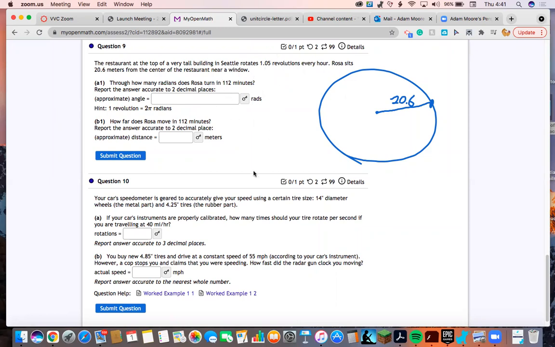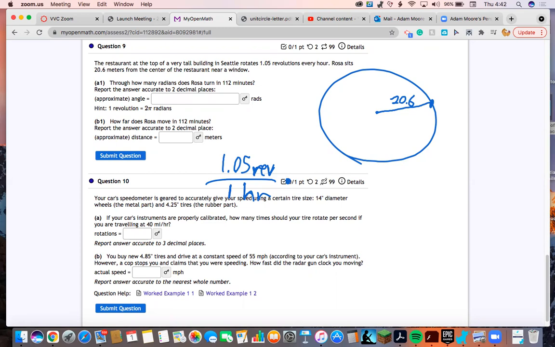So what I might do is first take down that it's 1.05 revolutions per hour. That's how fast this thing is going. That's not hugely fast, but that's how fast it is. Before we answer the question, if you're good at feeling this out, you might be able to multiply and divide until you can tell what to multiply and what to divide, and then you'll just know what it's going to be in terms of radians and minutes.